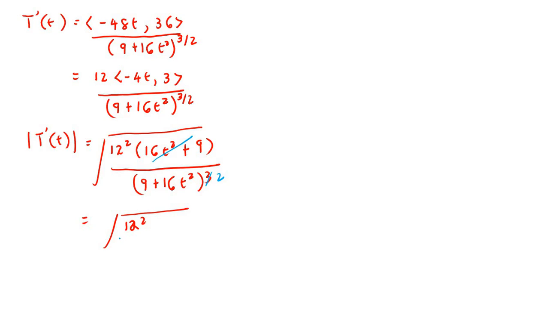So you have 12 squared divided by 9 plus 16t squared power 2. Simplify the square root, so you have 12 over 9 plus 16t squared.